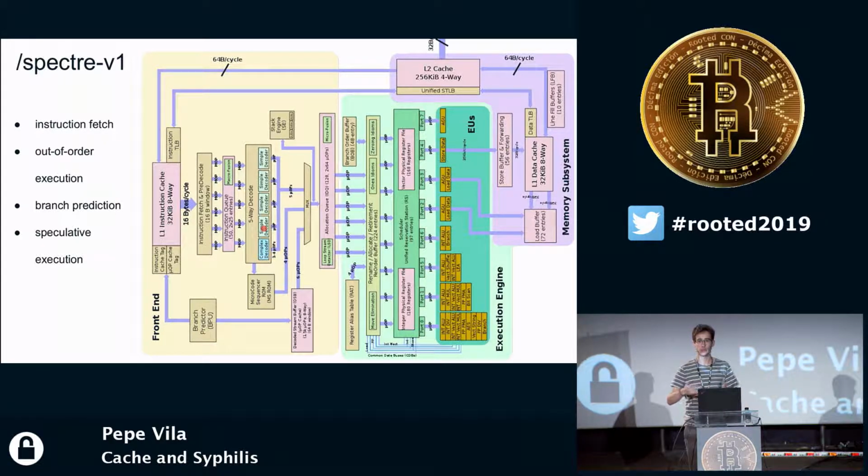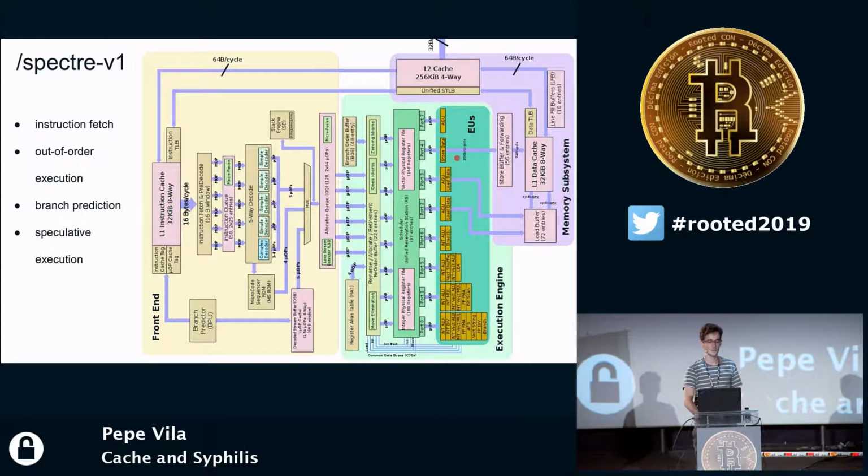When you have a branch, the CPU will ask the branch prediction unit whether there is going to be this jump or not, and we speculate, we take the instructions in a predicted order.